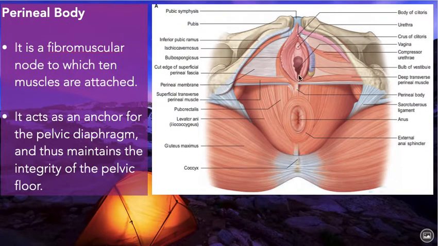The perineal body is a fibromuscular node in which 10 muscles are attached. It chiefly functions as an anchor for the pelvic diaphragm, thus maintaining the integrity of the pelvic floor.